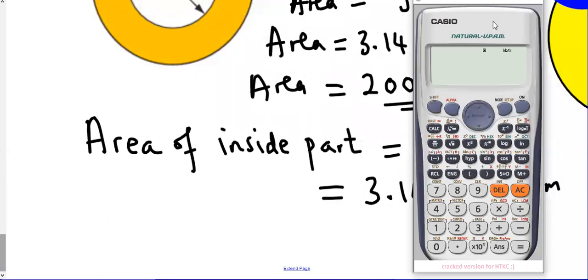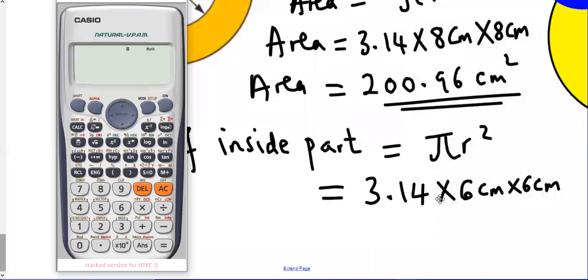What I'm going to do is work out this part here: 3.14 times 6 times 6. So we have 3.14 multiplied by 6, multiplied by 6. This will be equal to 113.04.